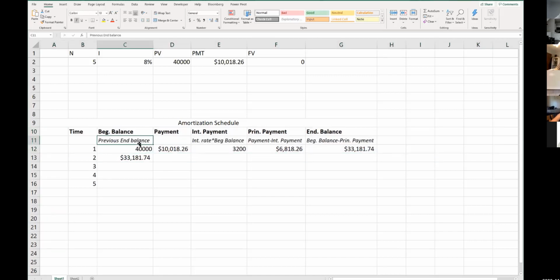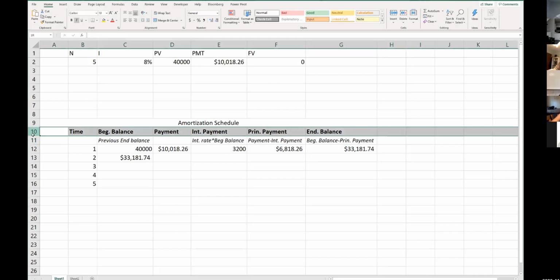So this is the previous end balance. Payment is the same recurring payment, so there is no formula for that. Interest is the interest rate times beginning balance. Principal is payment minus interest payment. And then ending balance is beginning balance minus principal payment. If you're trying to unhide it, select these two, 10 and 12 for your case, and then right click, unhide.